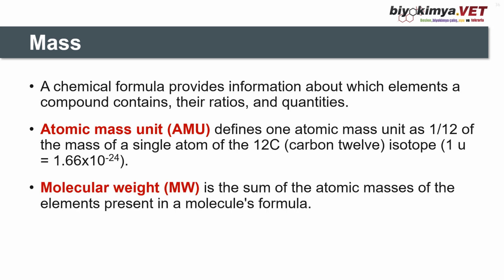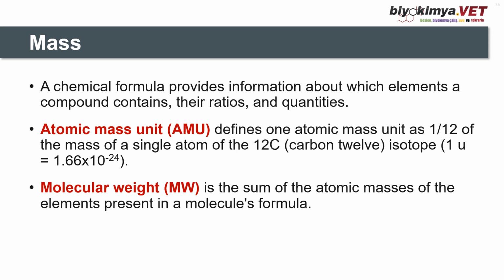If you don't, please check the previous topic, which is matter and its characteristics. An atomic mass unit is defined as 1/12 of the mass of a single atom of the carbon-12 isotope. It is commonly used to express the relative masses of atoms and molecules on a scale where the mass of a carbon-12 atom is set to 12 atomic mass units.